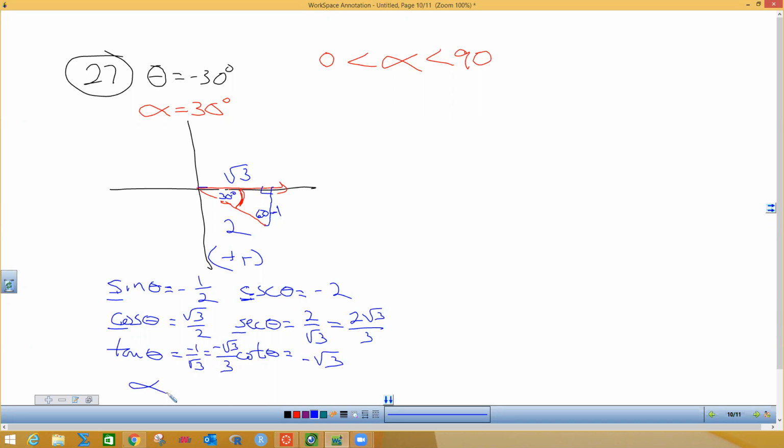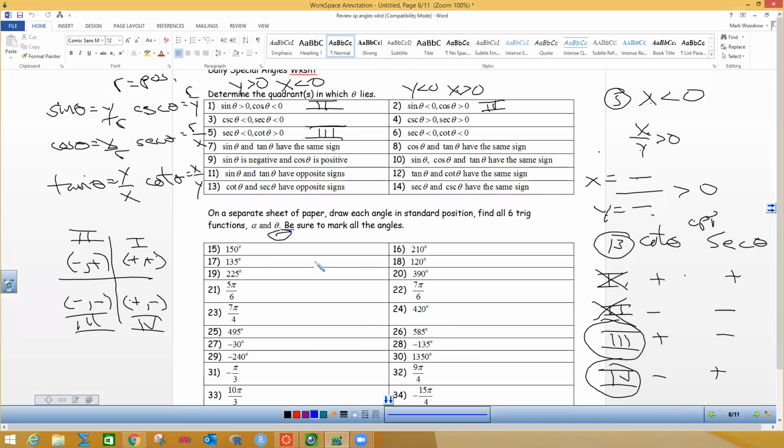And again, alpha is 30, and theta is going to be negative 30. That's the one they give you, just like on those example sheets. So this thing right here is what you're doing on all of these problems down here.